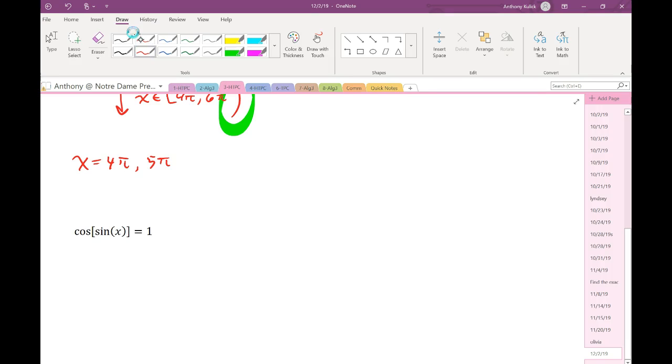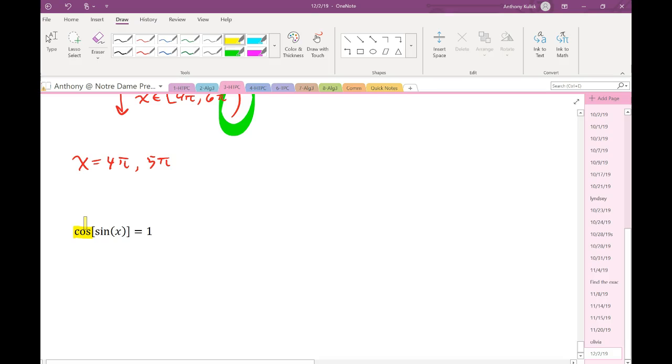Notice that what we have here is not cosine x times sine x equals 1. This is cosine of sine x. So I'm going to try to get that x by itself. The first thing I'm going to do is try to cancel out this cosine.